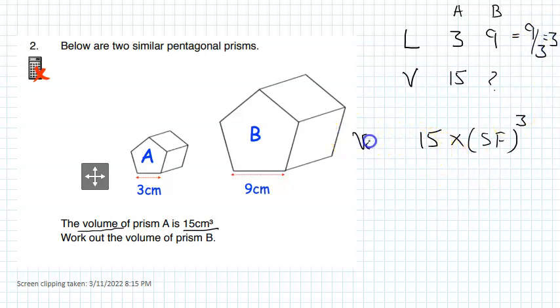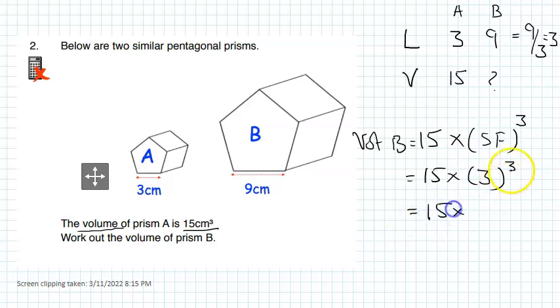So the volume of B, it is easy to get the equation: 15 multiplied by our scaling factor 3 cubed. 3 cubed is, 3 times 3 is 9, no, 3 multiplied by 3 multiplied by 3, that is 27.